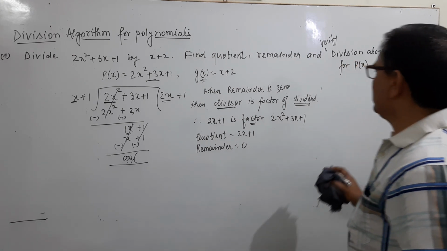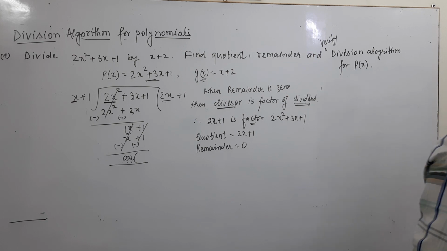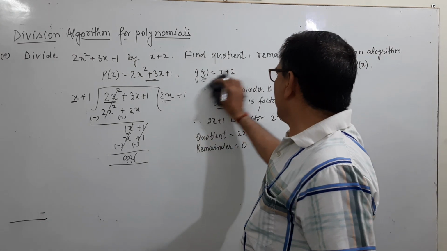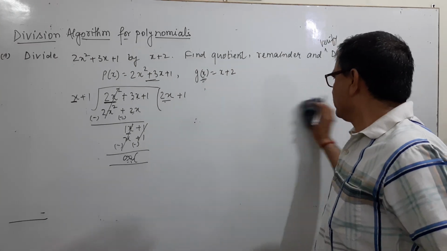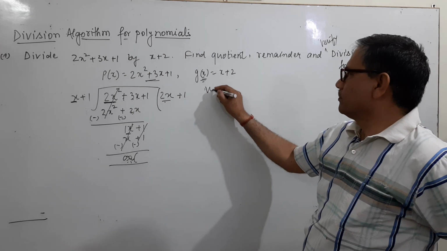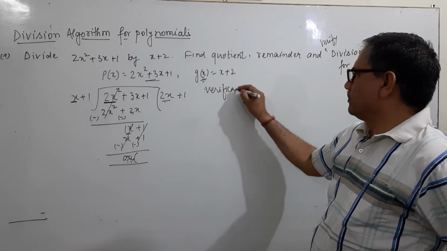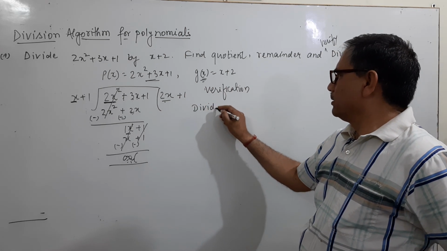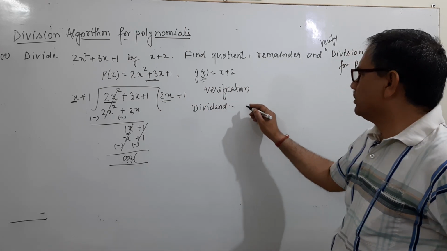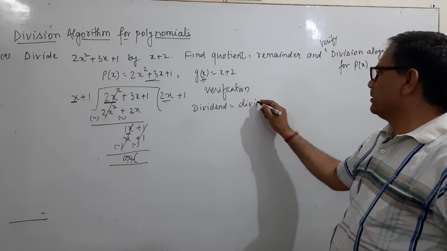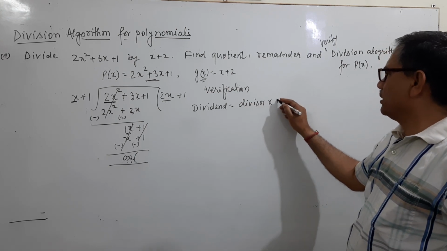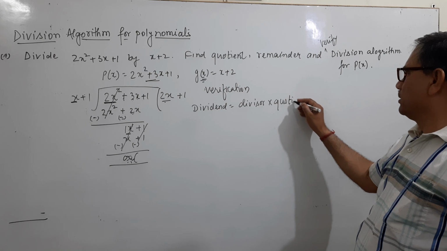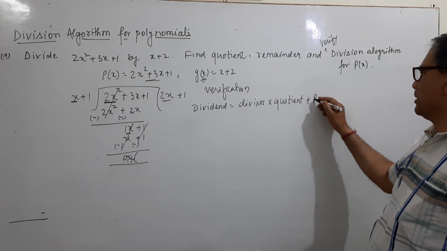We know in junior class, for verification, dividend is equal to divisor multiply quotient plus remainder.